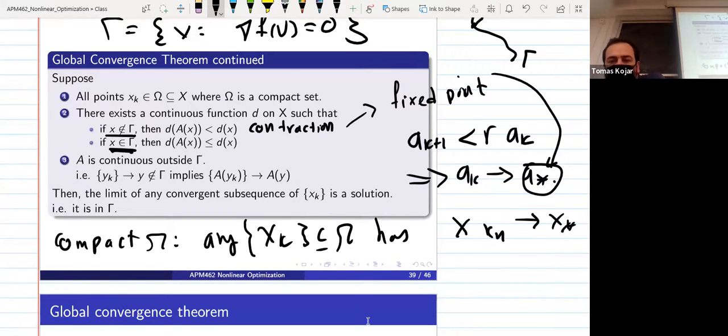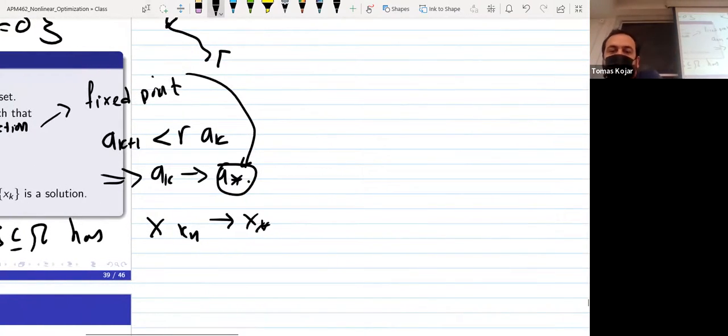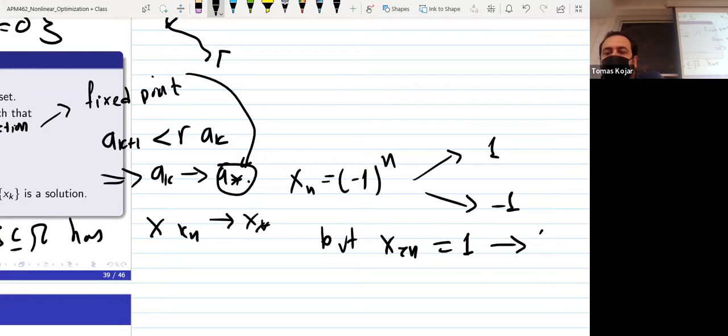The typical example is (-1)^n. It does not converge because it goes to 1 and -1. But x of 2n is always 1, so it goes to 1.